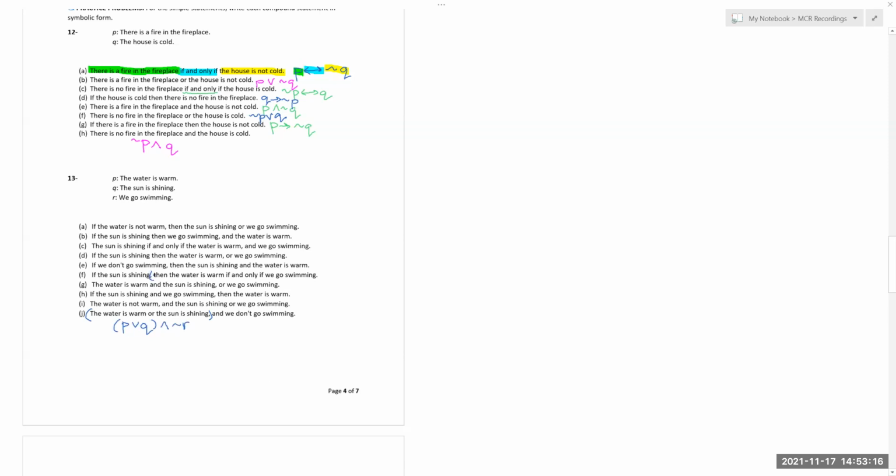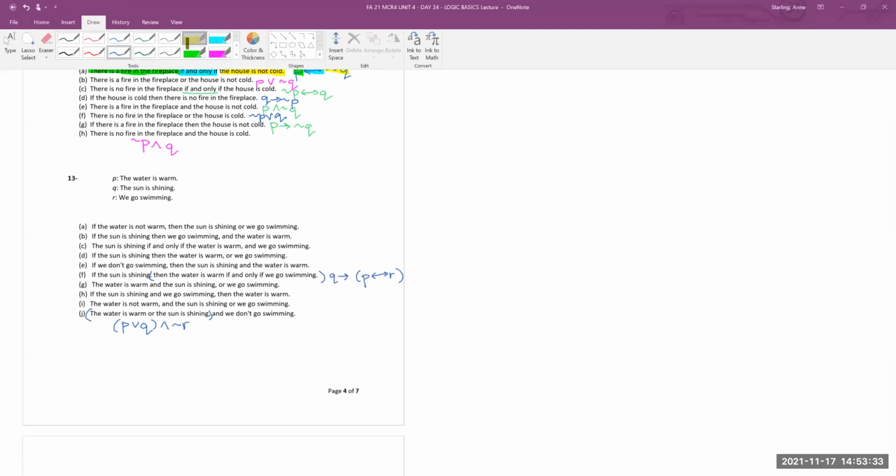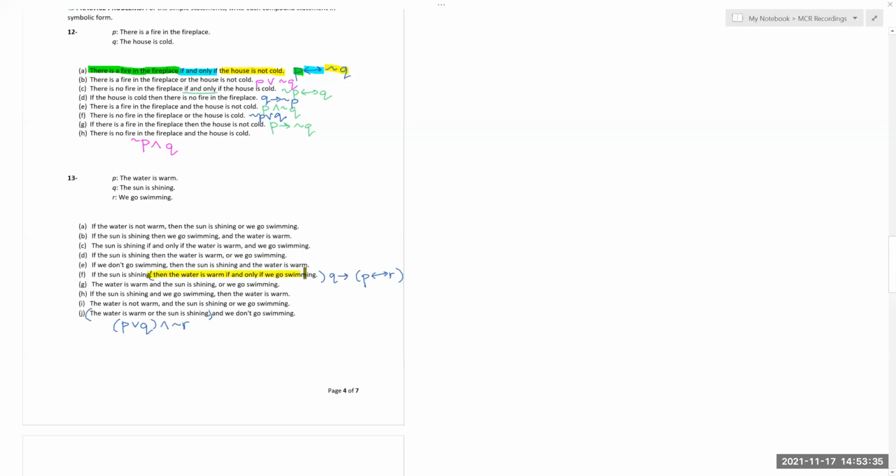If the sun is shining, comma, then the water is warm if and only if we go swimming. So that one was Q goes to P by conditional R. So in English, we wouldn't have these parentheses, but when we put them in our math, we are going to put those parentheses.